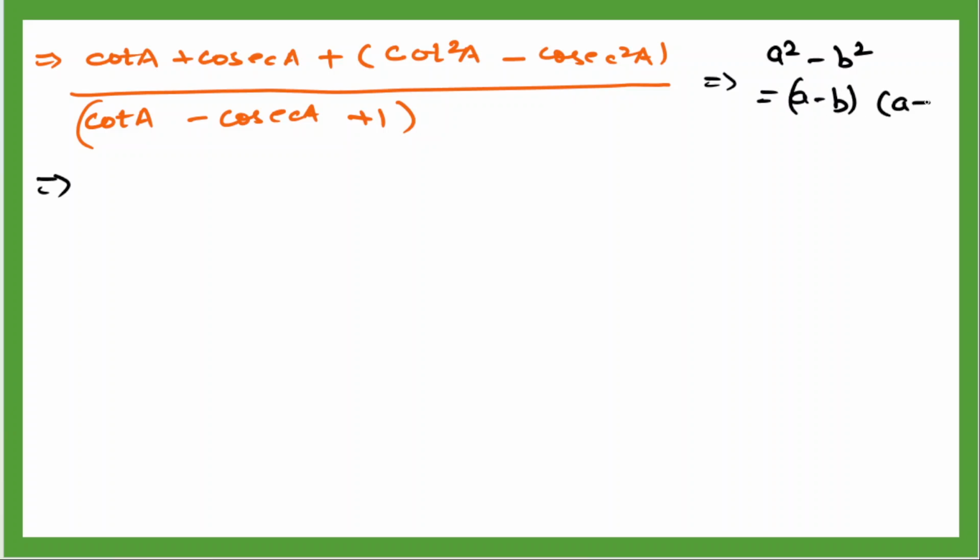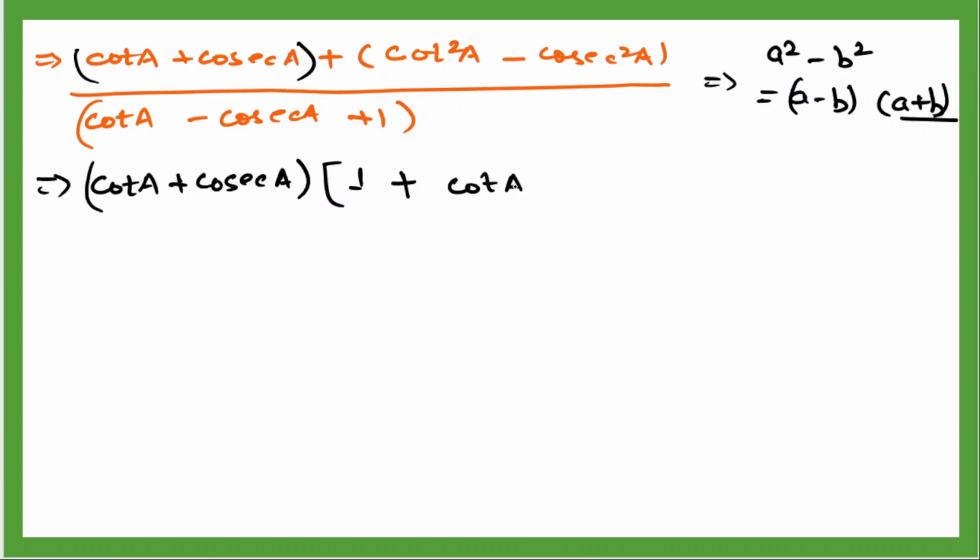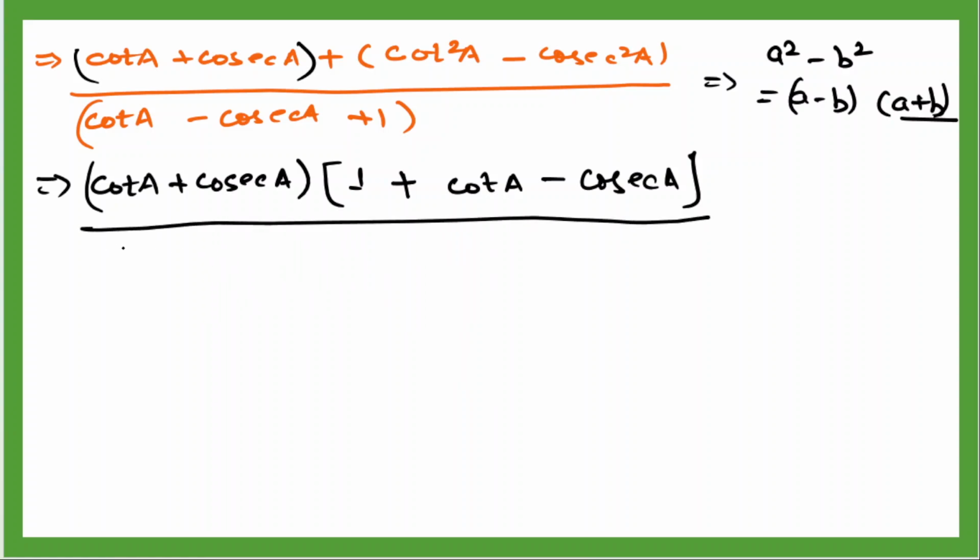And the first term is also forming A plus B, so we can take cot A plus cosec A as common. So we will take 1 plus cot A minus cosec A, divided by cot A minus cosec A plus 1.